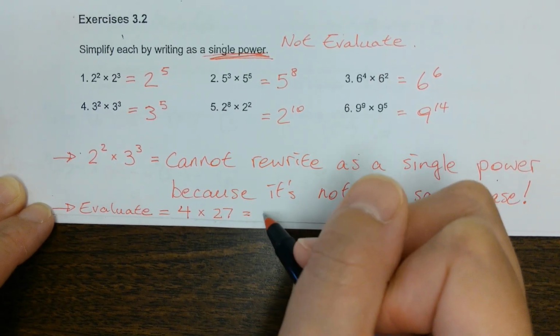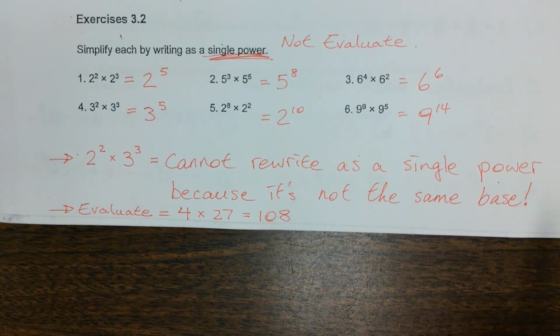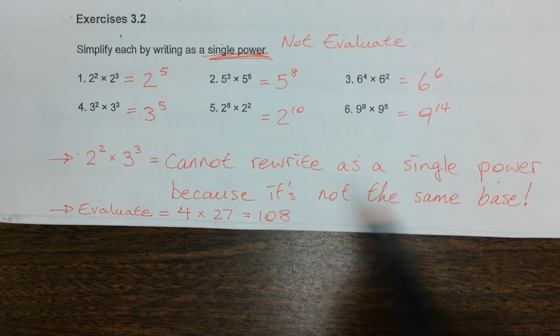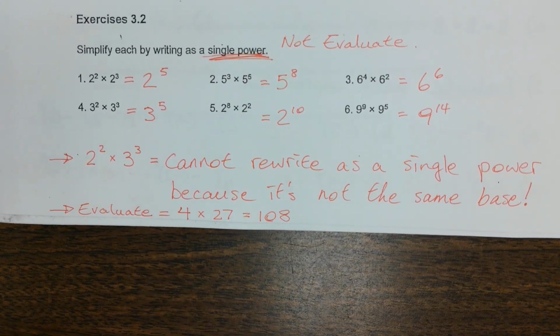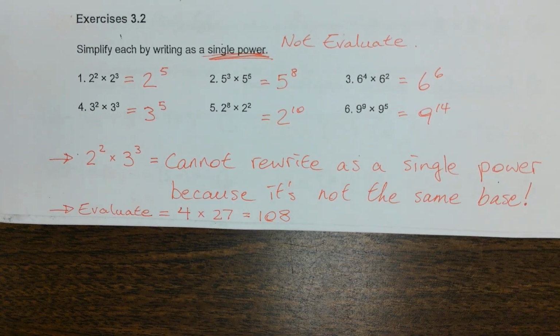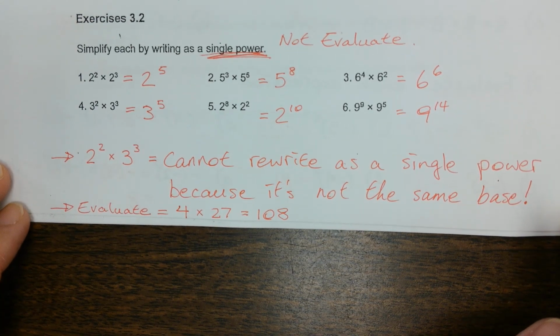So when you multiply it, you get 108. Okay, so you see the difference between the word evaluate and write as a single power? Alright, so I want to make sure you guys know the wording. Otherwise, on the test, you'll get it wrong if you don't know the wording.